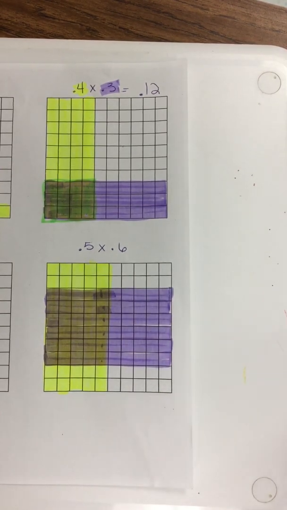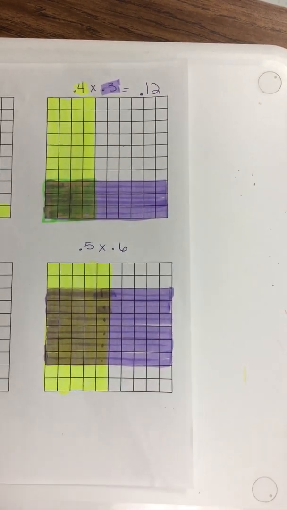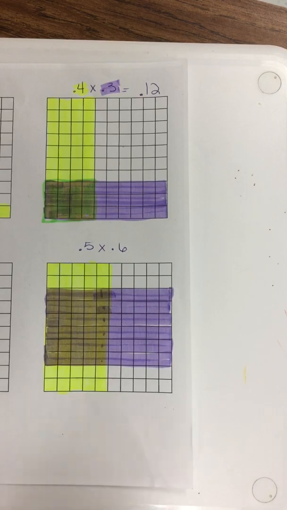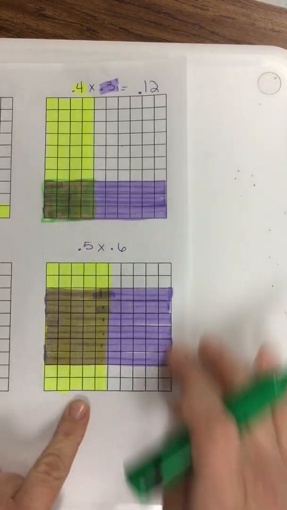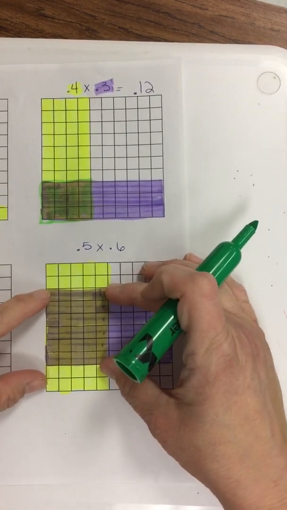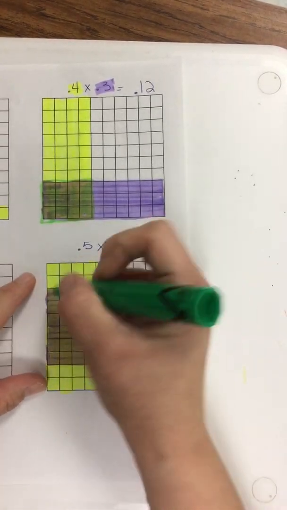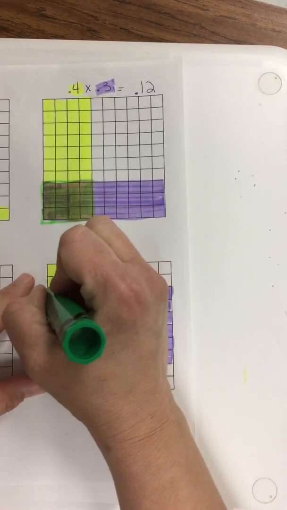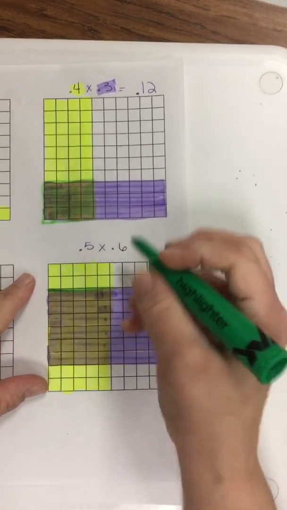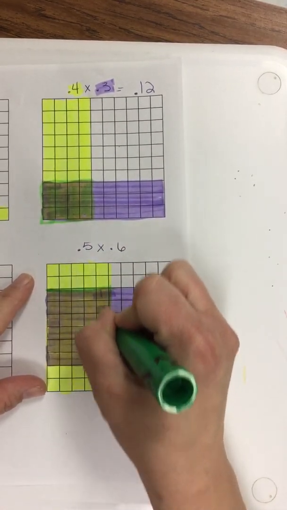Now, but what you can see, and I'm going to outline it on the screen again, is the part where they overlap, where the yellow and the purple overlap is this funny looking color here. It's kind of a brownish color. So I'm going to outline it in this green.